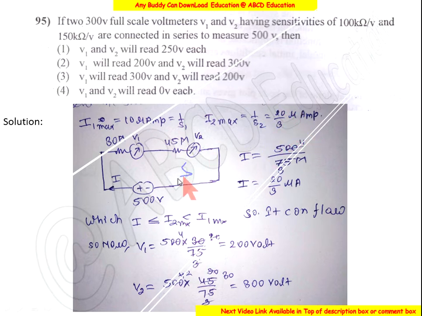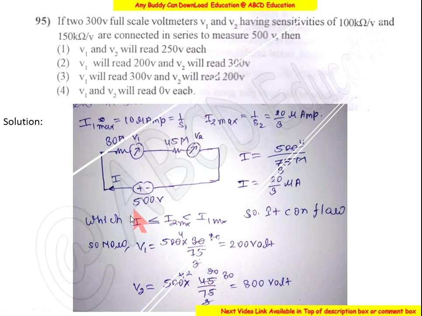Then this is the maximum value. Now the current flowing in these two meters, when we apply 500 volt, is I equals voltage divided by total resistance. The total resistance is 75 mega ohm, then we get I equals 20 upon 3 microampere. So it is the maximum value of the V2 meter. The current cannot exceed this value.